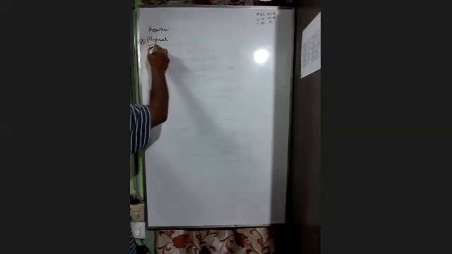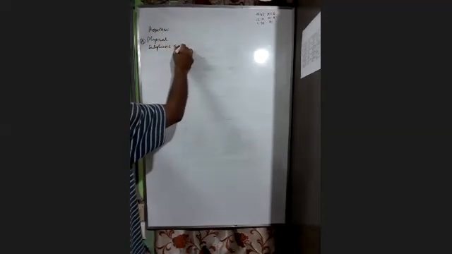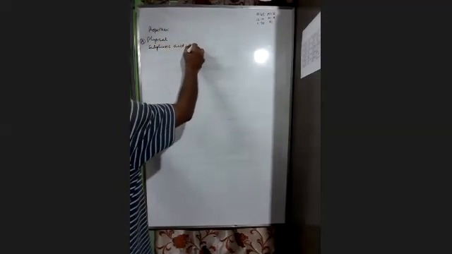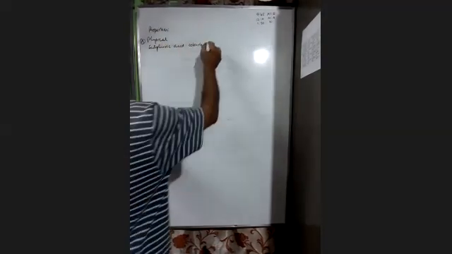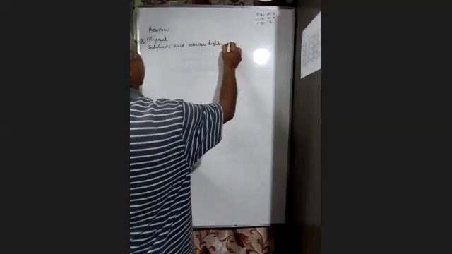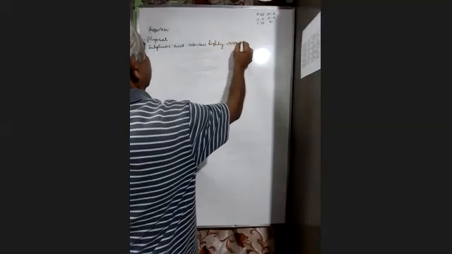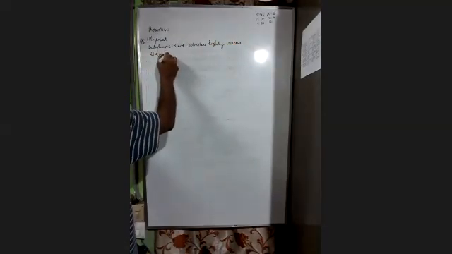Now we'll go for properties. Sulfuric acid is colorless, highly viscous, it's very heavy.